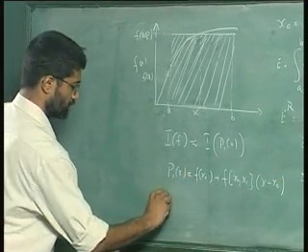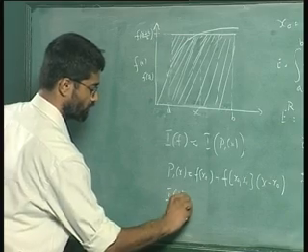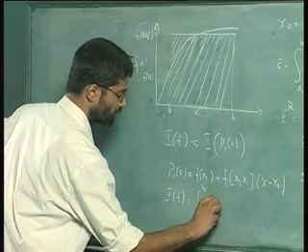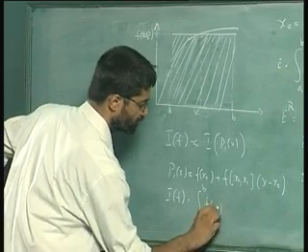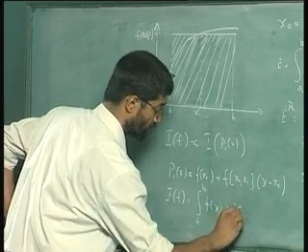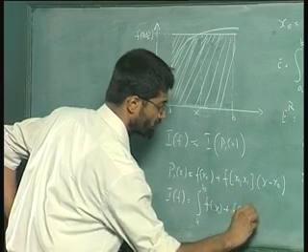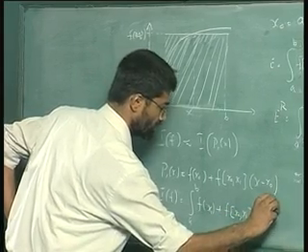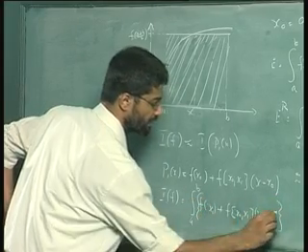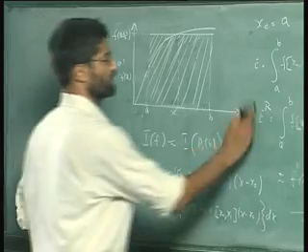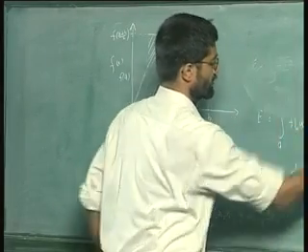Then the integral I of f would be the integral from a to b of f of x0 plus f of [x0, x1] into (x minus x0) dx. That is what our aim would be, and the error then would be in this particular case.